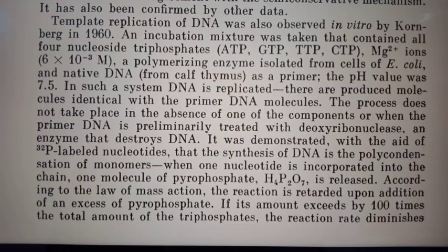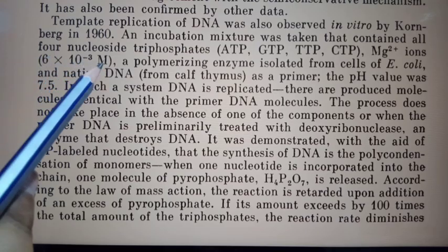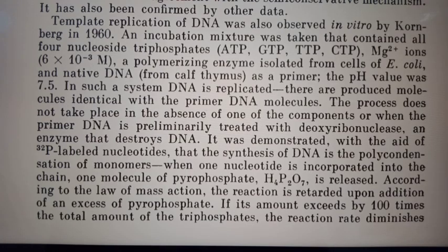An incubation mixture was taken that contained all four nucleoside triphosphates, ATP, GTP, TTP, CTP, magnesium ions, 6 times 10 raised to the power minus 3 M, a polymerizing enzyme isolated from cells of E. coli, and native DNA as a primer.